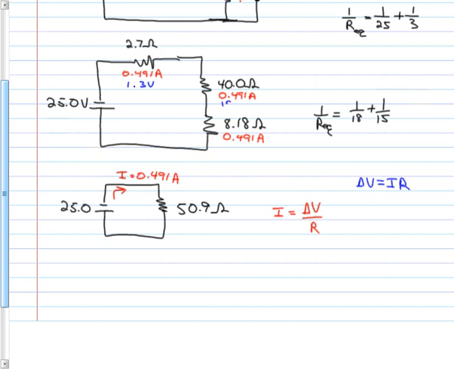How about the 40 ohm one? 19.6 volts. And our 8 ohm? Multiply current times resistance. 4.02. Yeah, I got 4.02.